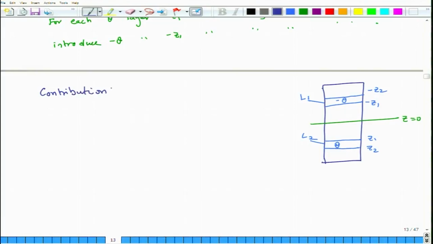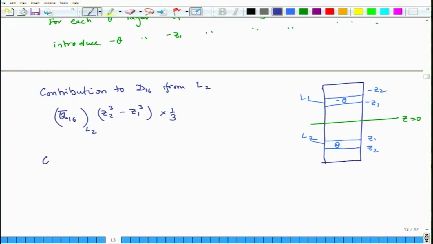Contribution to D16 from L1, what is it? It is Q16 bar for the layer L1. So, first we will actually calculate for L2, not L1. So, it is L2. So, this is Q16 bar for L2 times Z2 cube minus Z1 cube into 1 by 3, okay.